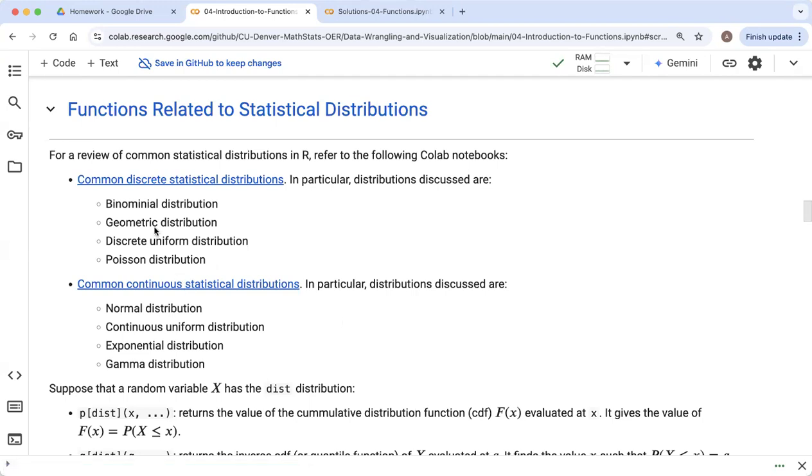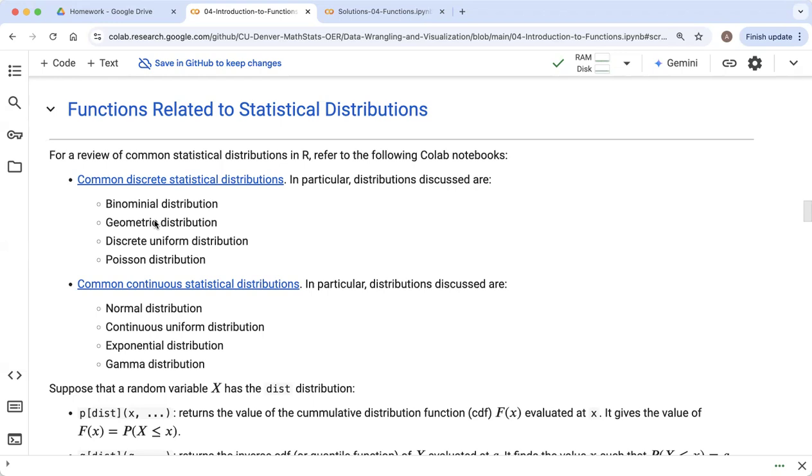When I say common distributions, there are discrete distributions. These are distributions that we use for random variables that are used to count things, like how many successes are there when we repeat the same trial under the same conditions over and over again, like a binomial distribution. And there are other continuous random variables, and these are things that we use to measure things.